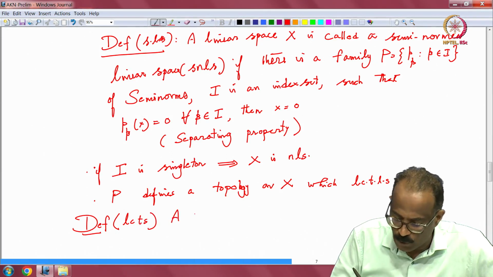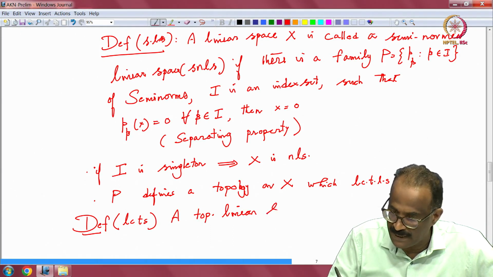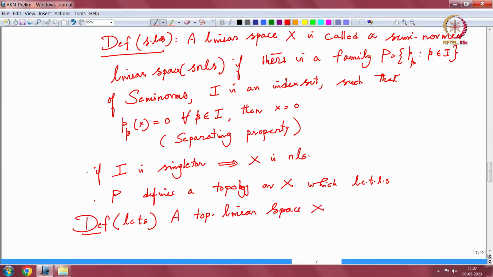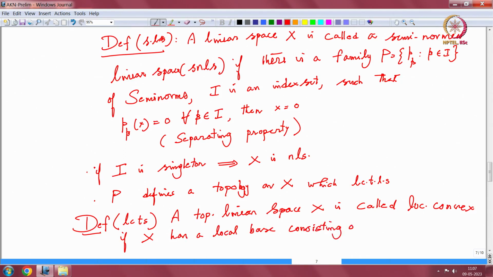A topological linear space X is called locally convex if X has a local base consisting of convex neighborhoods.